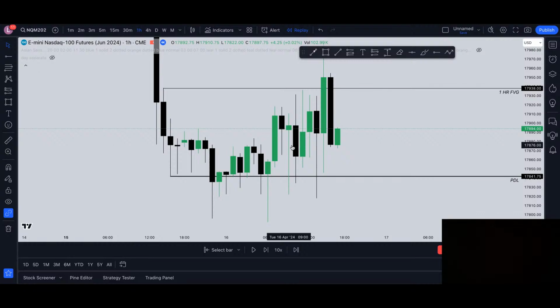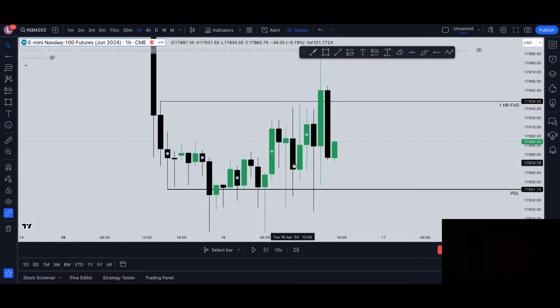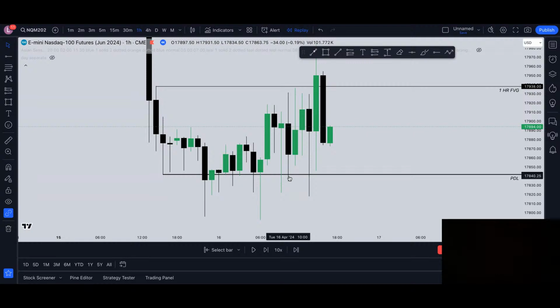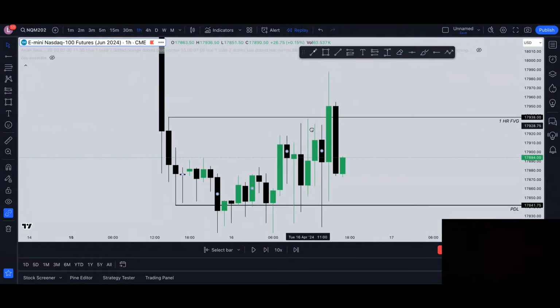So there was the 9 a.m. candle, 10 a.m. candle, rejected before going to the fair value gap, came back, touched the previous daily low, and again, boom.